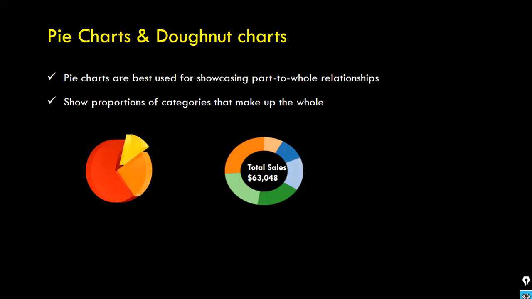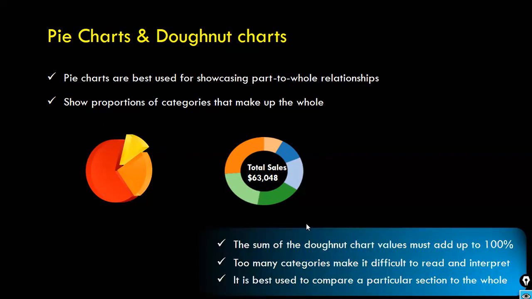So both the Doughnut chart and the pie chart we can use to compare to the whole. It is best used to compare a particular section to the whole.